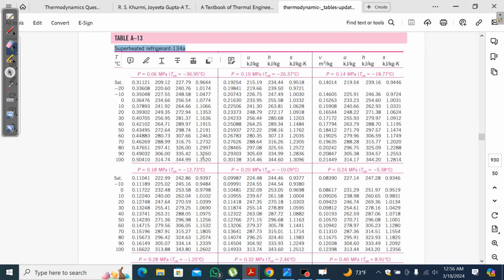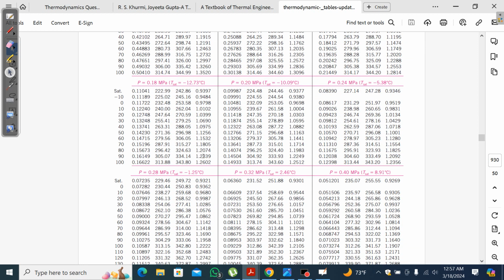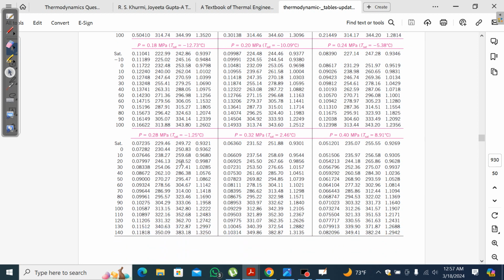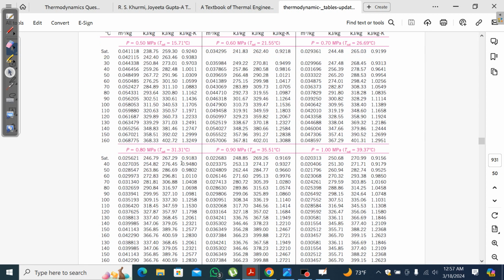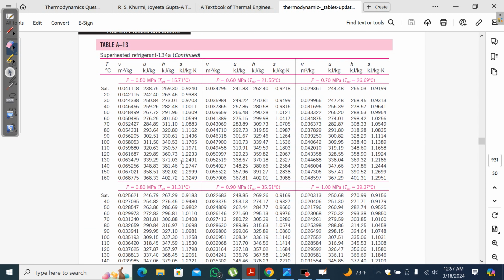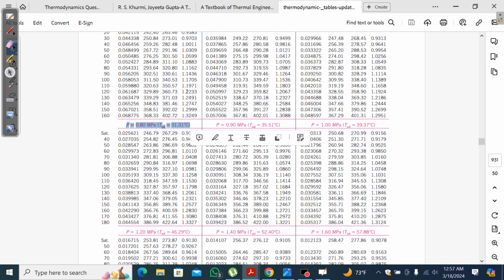The pressure of point 2 is, we know, 0.8 megapascal. Where is 0.8? All right, we have found 0.8. Here it is. So we have to find the entropy.